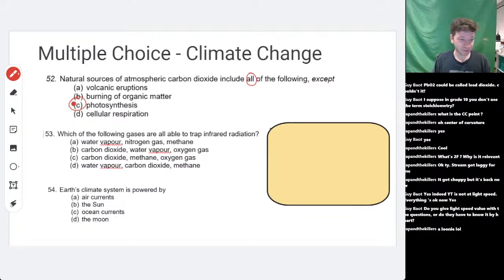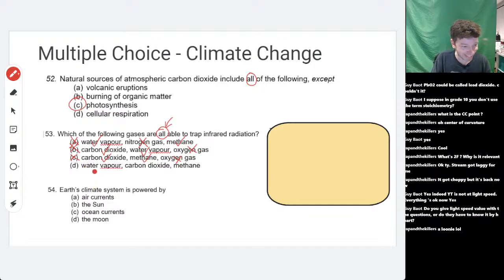All right, 53. Which of the following gases, again, all are able to trap infrared radiation? Water vapor, yes. Nitrogen gas, no. I mean, nitrous oxides can, but just by itself, no. Methane, yes. So this has one no because it says all. Carbon dioxide, water vapor, not oxygen, no. Carbon dioxide, methane, not oxygen.